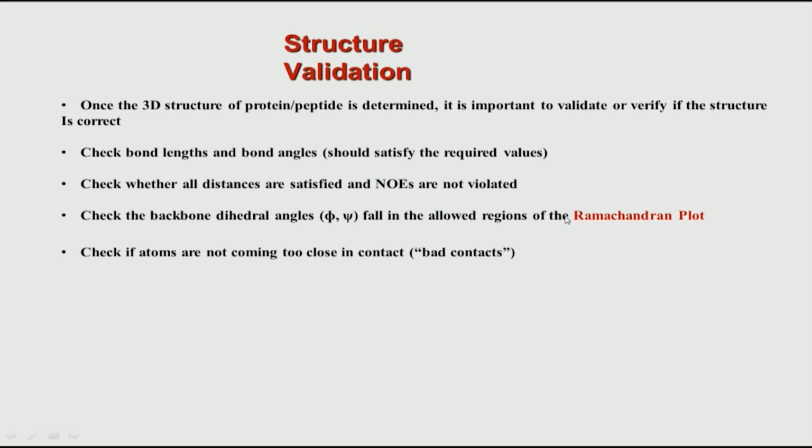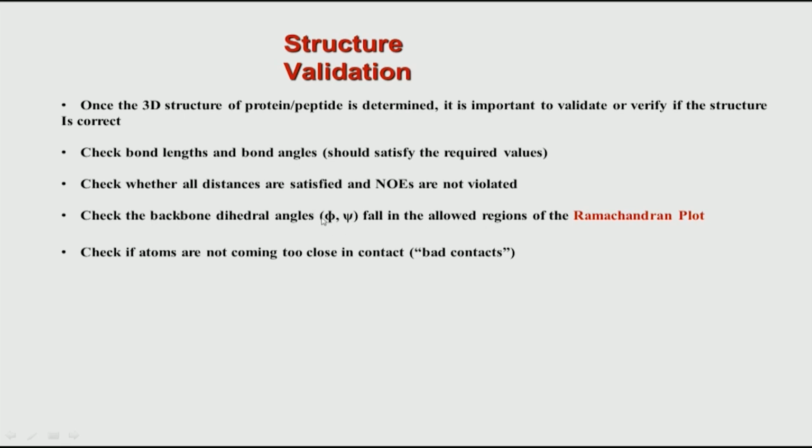It is said that for a given alpha helix or beta sheet, one should have particular values of phi and psi for all residues. Those regions where they should fall are known as the allowed regions. If the phi and psi values for a given amino acid in your peptide fall outside that region, that is called the disallowed region. And why is it coming in the wrong region?